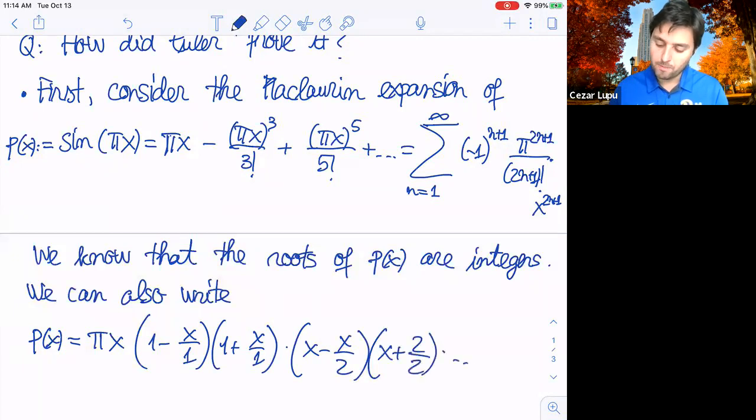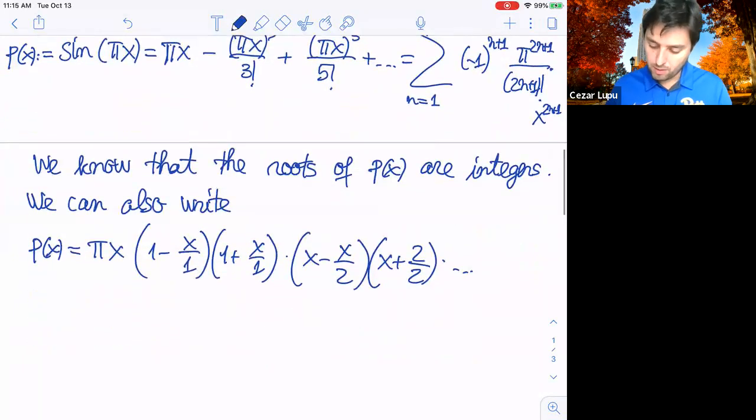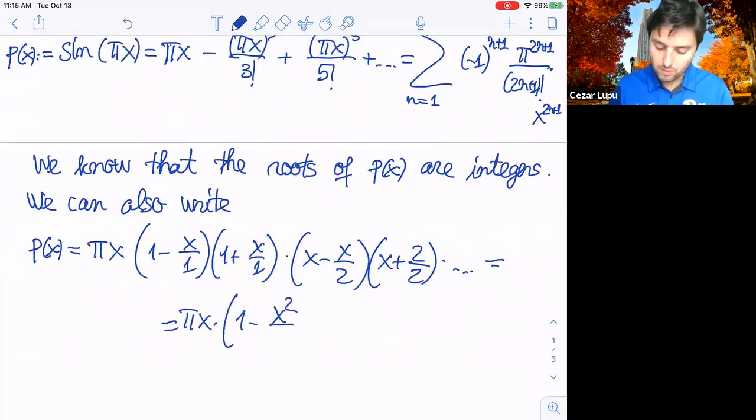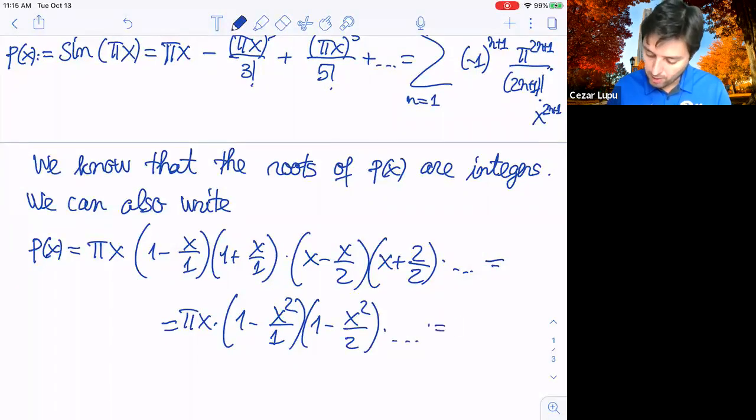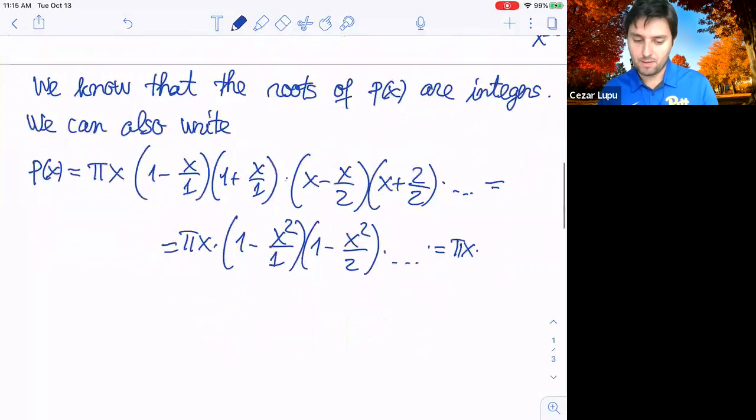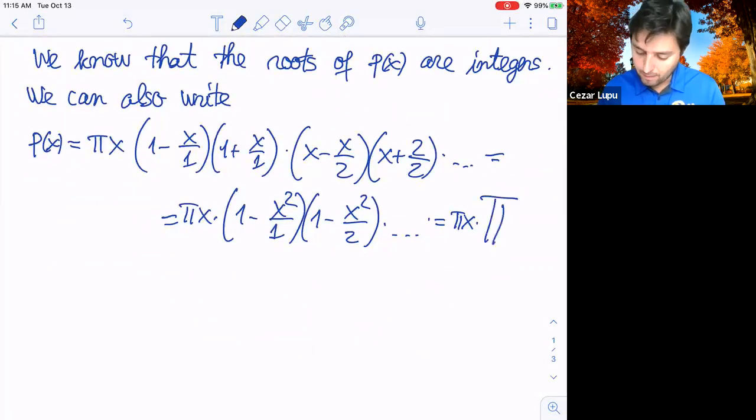In other words, this will be pi x times (1 minus x squared over 1) times (1 minus x squared over 2 squared), and so on. This is what we call these days Euler's infinite product for the sine, which looks like this.